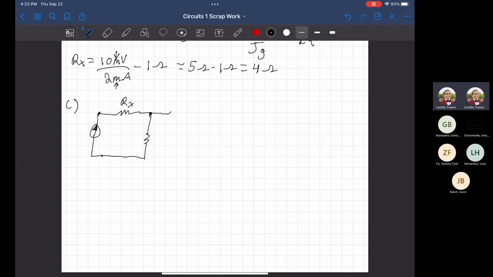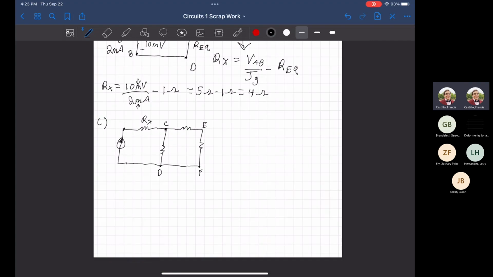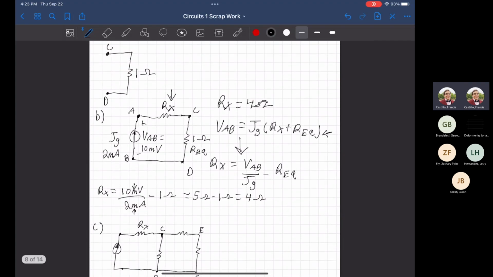Let's also add in, so here's C, this is node E, our resistor value here, node F, and this is node D. Reason why I did this is because we know the equivalent. We know our total equivalent is going to be equal to 1 ohm right here, okay, which is between C and D, right? Well, why not work backwards?